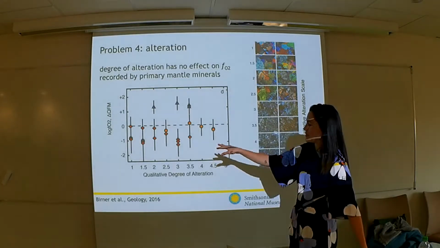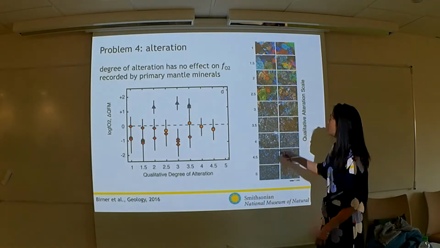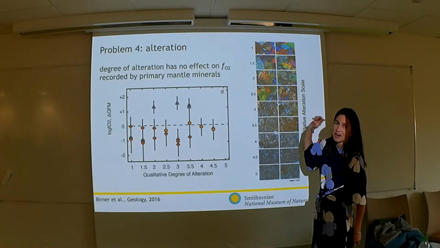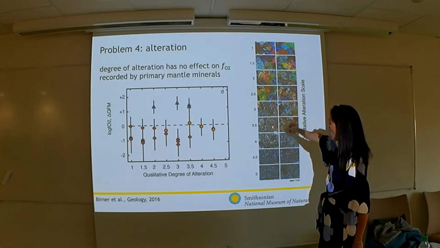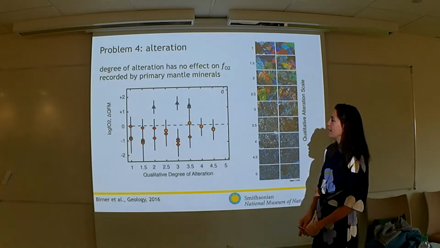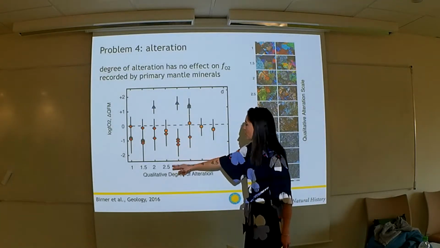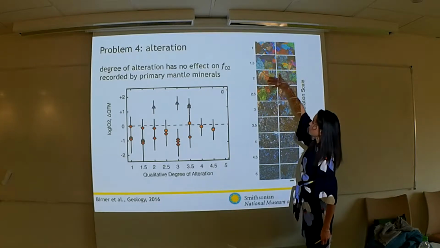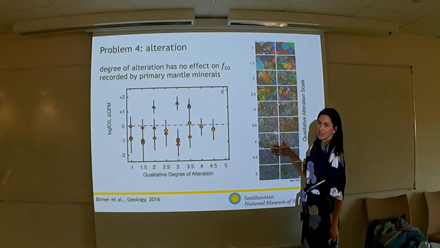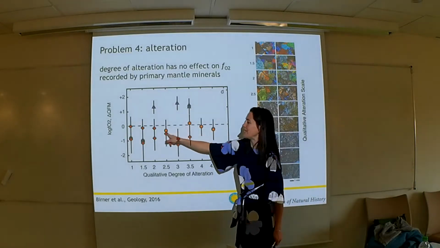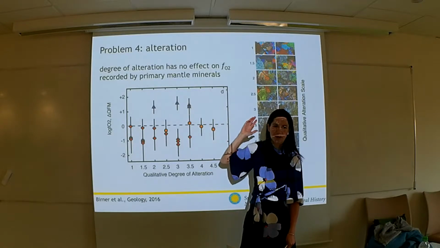So this was a study that was done in the Tonga Forearc. The beautiful thing about the Tonga Forearc is you get the entire range of alteration from perfectly fresh, they look like xenoliths, all the way to completely serpentinized. And what we see in these dredges, like this orange dredge here, we have peridotites going from fairly fresh to highly altered, and we don't get any big trend in oxygen fugacity one way or the other.